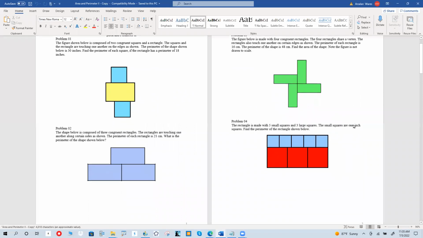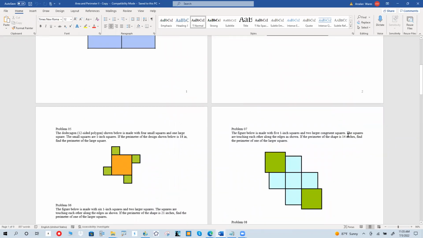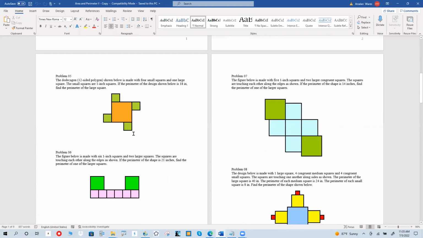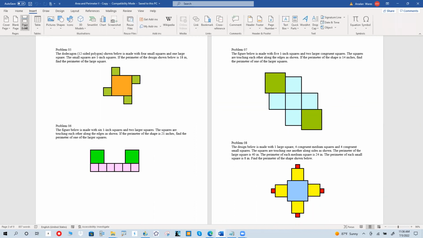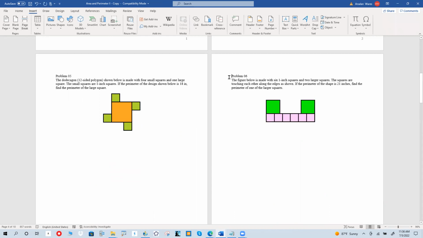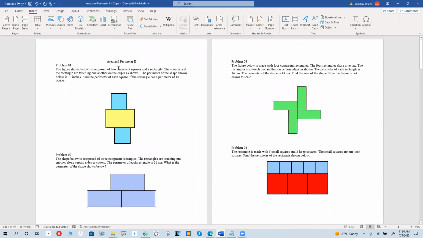I think we did up to number 4. No, I think we did number 5 as well. I'm pretty sure we did number 5. So I'm going to do number 6. That's the plan. All right, very slowly. And what packet is this? This is in your problem set folder. It's called Area Perimeter 2.